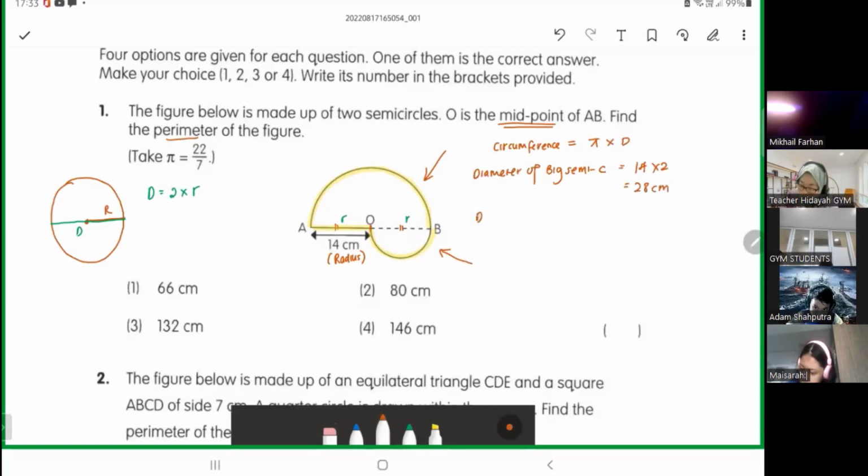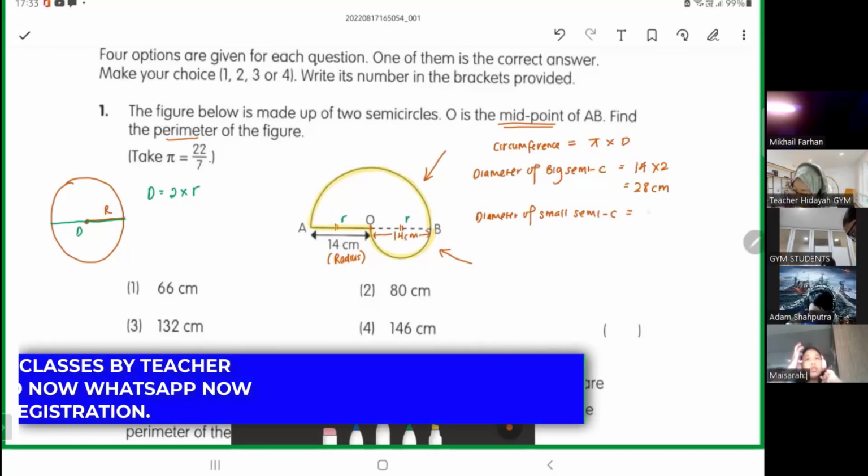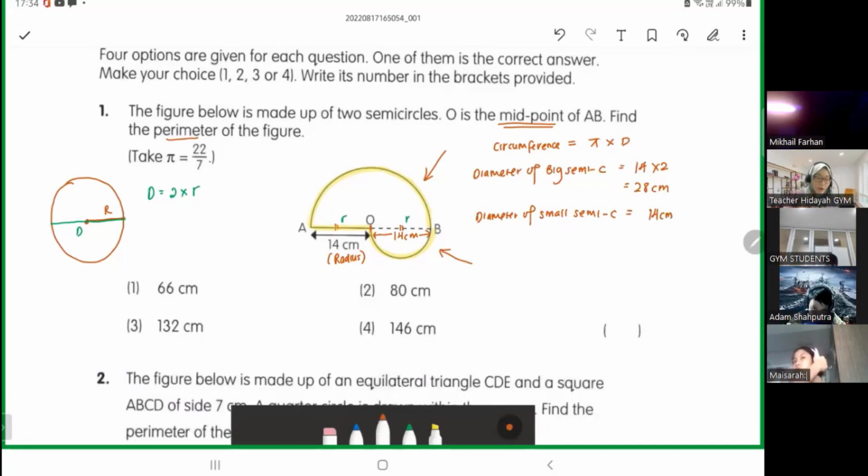Now the small one: diameter of small semicircle equals, this is 14. This whole thing is also 14 cm, so we know already this is 14. Don't have to times 2, because the whole thing there is the diameter for the small one. Okay, so we are okay with the diameters.